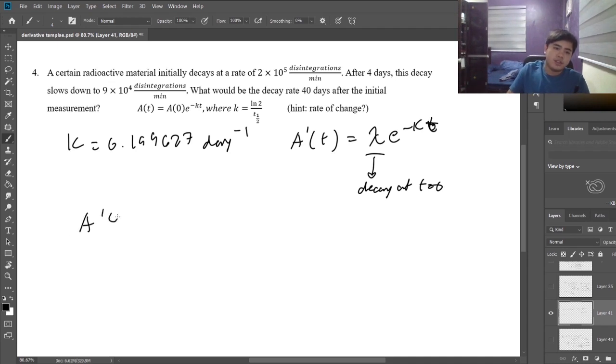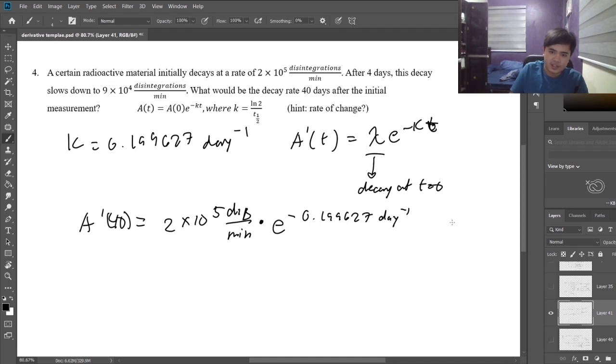A prime of 40 is now equal to lambda, which is the initial, 2 times 10 to the 5 disintegrations per minute, multiplied by e to the negative, what is k? 0.199627 inverse day, multiplied by 40 days. So inverse day and day cancel each other out, leaving us with the unit disintegrations per minute.